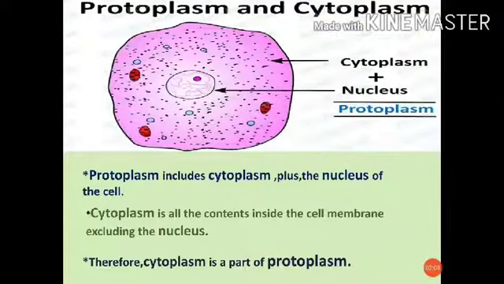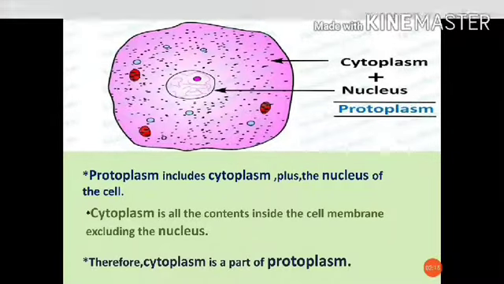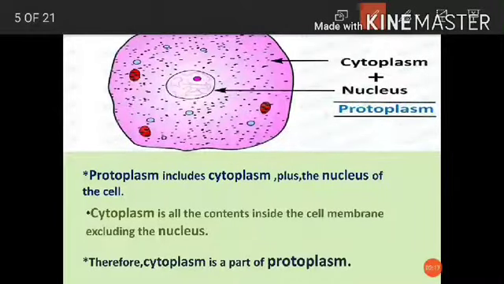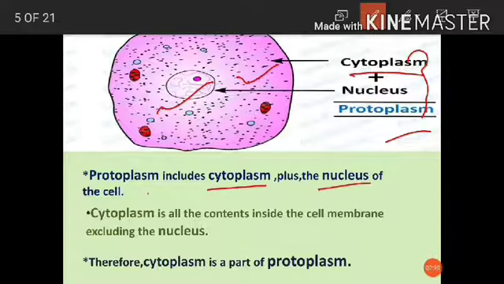Students are generally confused between the terms protoplasm and cytoplasm. This diagram makes it very clear that cytoplasm and nucleus together are called protoplasm. So protoplasm includes both cytoplasm plus the nucleus of the cell.